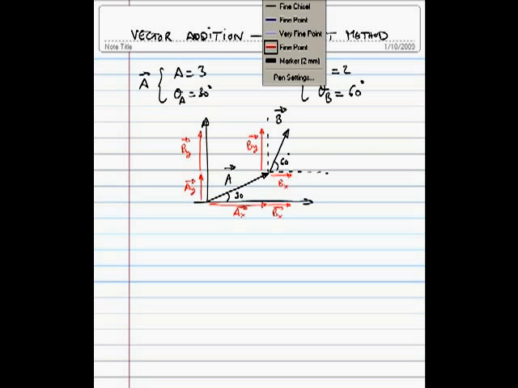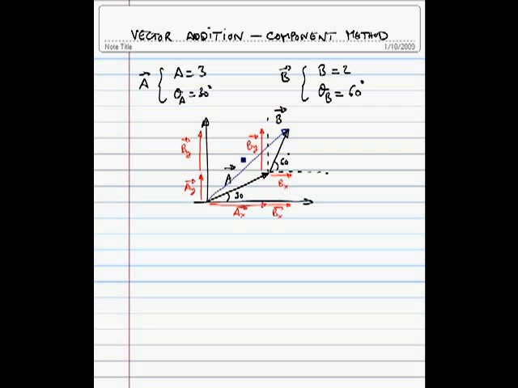Now I know that my vector c is this vector from the beginning of a all the way up to where b ends, which I can also decompose into two vectors, cx and cy, cx being a line along the x direction, cy being a line along the y.